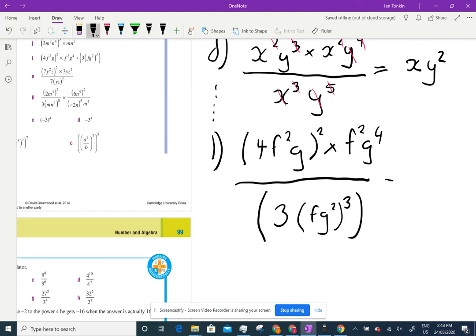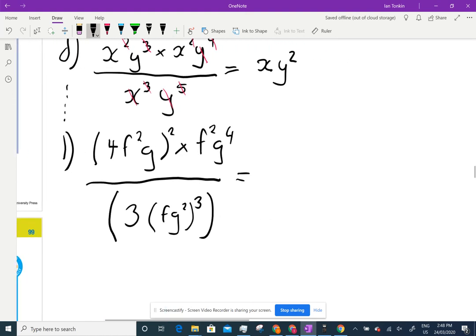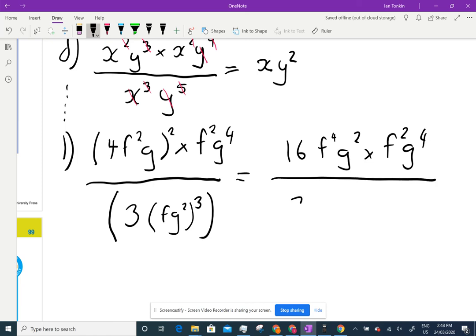Righto, so we'll tidy up the top first. 4 squared is 16. F squared squared is multiply the powers, f to the 4, g squared times f squared g to the 4.